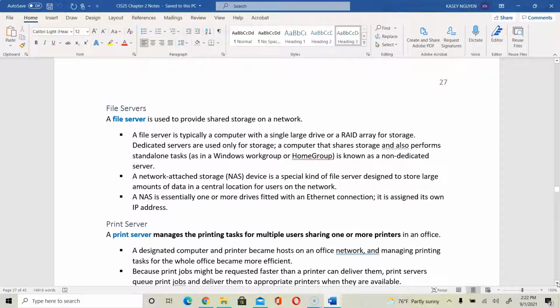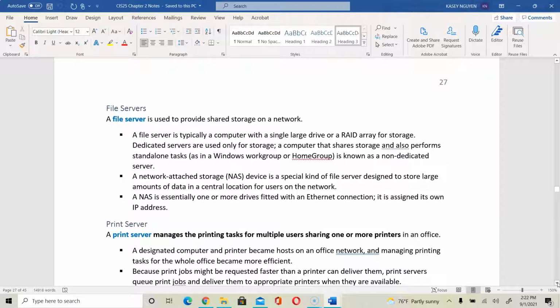At home, you might be able to implement something like network attached storage, which is a computing system that would have disk, whether it's SSD, solid state drive, or hard disk drive, to be able to store files.